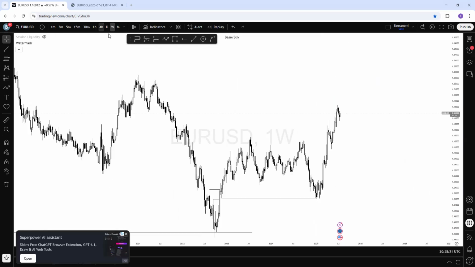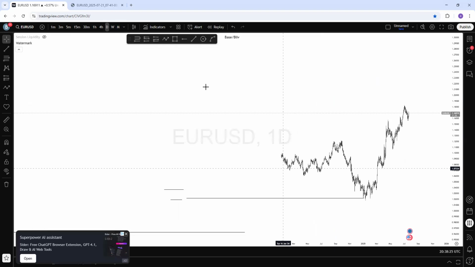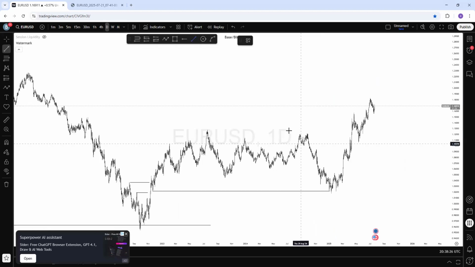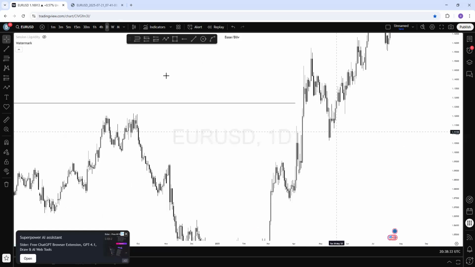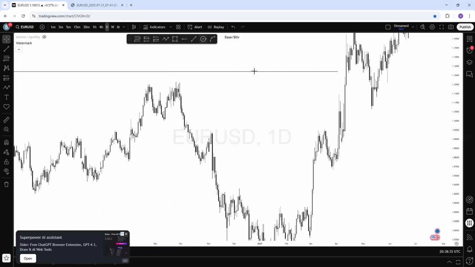Let's go to our 4-hour or daily time frame. What did you observe? Market broke these points, and this is the reaction that broke this high. Market came back there to reclaim it for the buy. If you check the 4-hour time frame, you will see the manipulation points there.